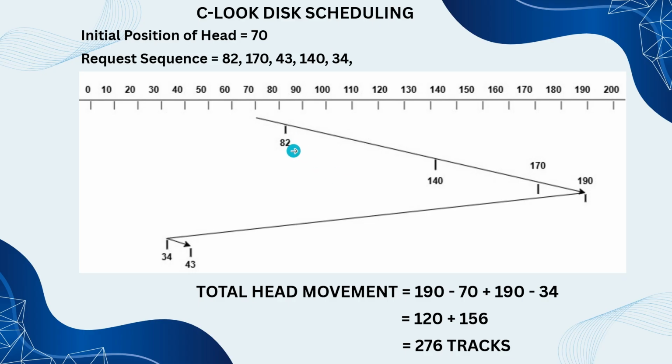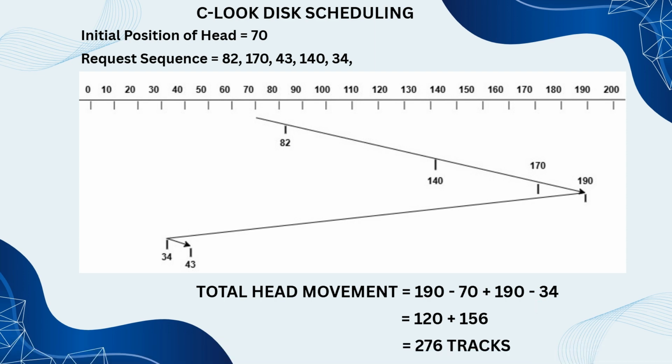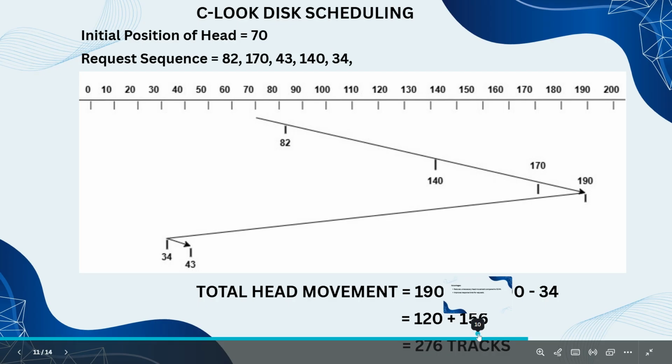Then it serves the requests 82, 140, 170 and 190. Now it jumps to the beginning of the disk. So it now reverses the direction and moves towards the left. So again it starts serving the requests 34 and 43. So here the total head movement is 190 minus 70 plus 190 minus 34. So the total head movement is 276 tracks.